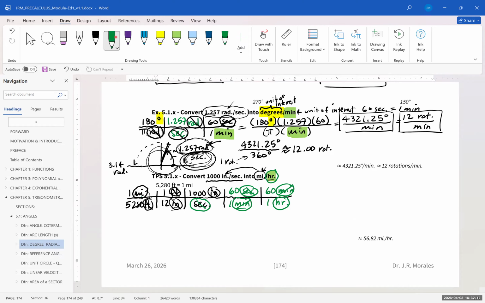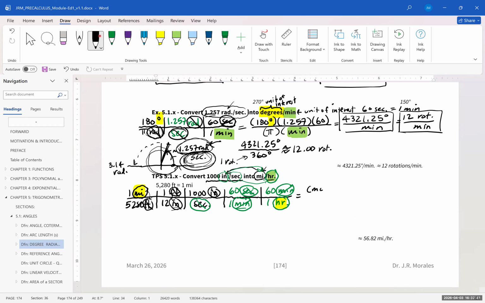So you can see here, we fully converted inches into miles and seconds into hours. And we know we've done it because we've canceled out all the other units involved except for our two units of interest. So now we just need to multiply everything in the numerator.